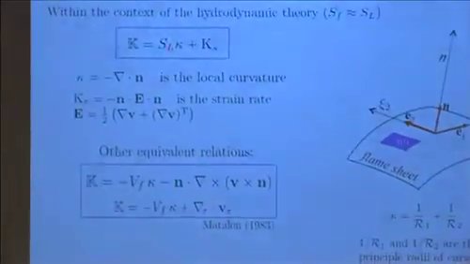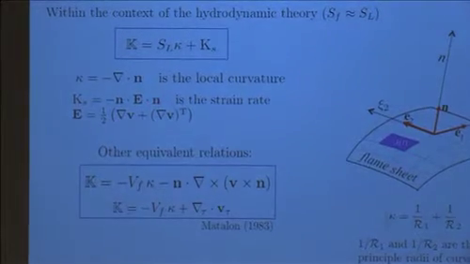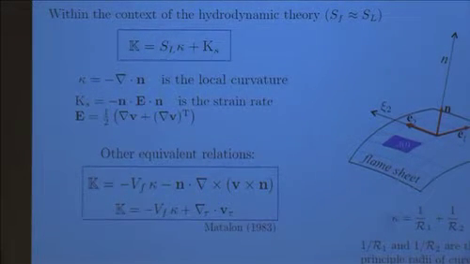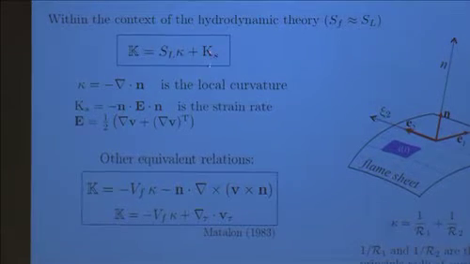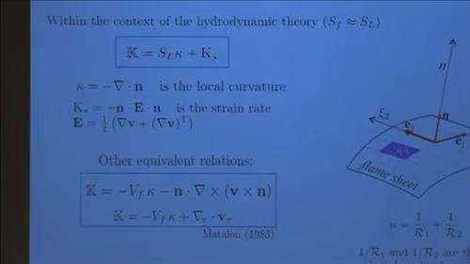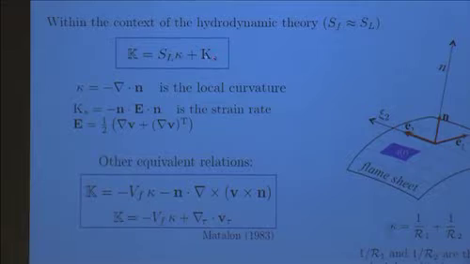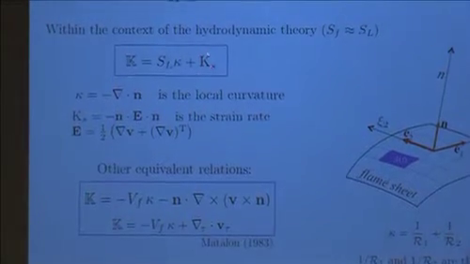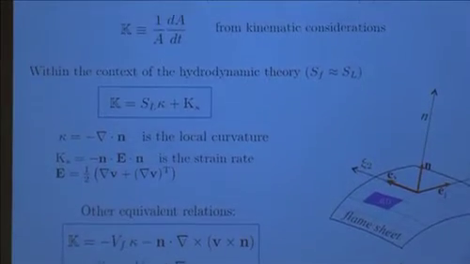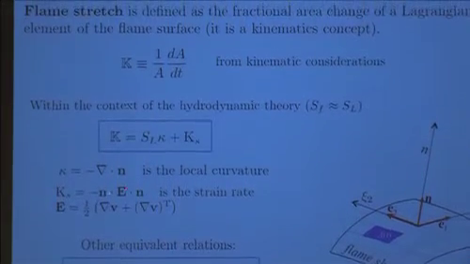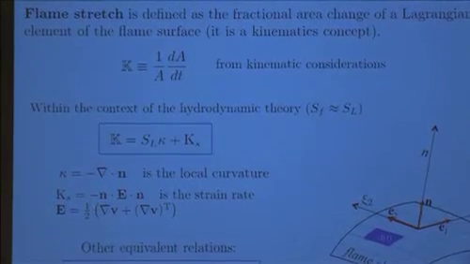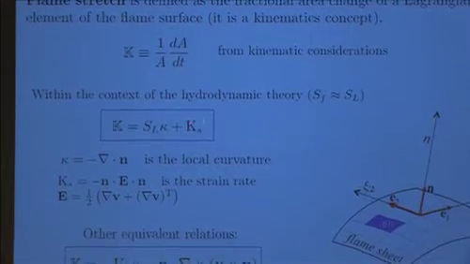So this is one effect. For example, in a spherical flame, that was the main effect. And I'm going to show you those two special cases again in a minute. The other one is the strain rate, Ks. S stands for strain. So this is the strain that the flame experiences. In other words, if you take the strain rate tensor, you dot it with the normal on both sides, you can compute the strain.